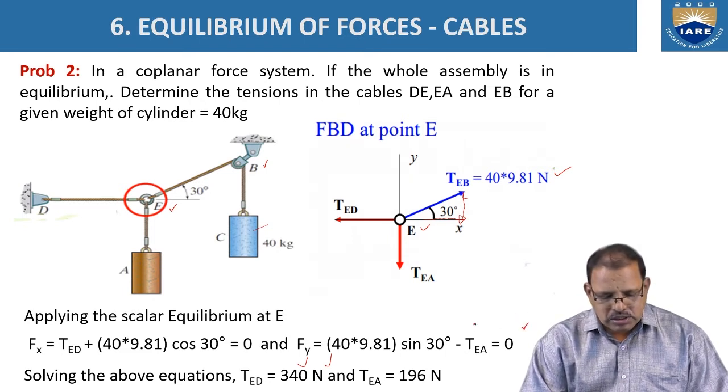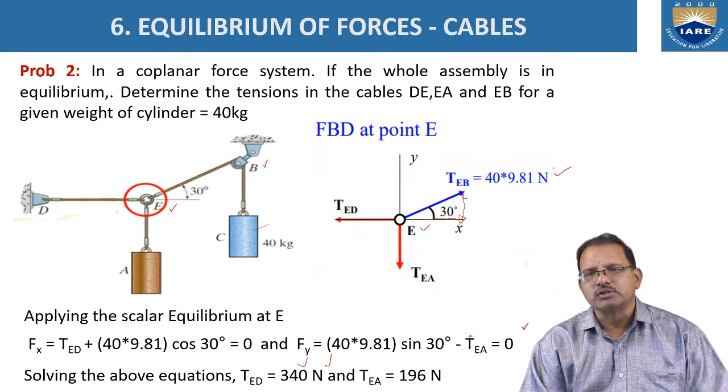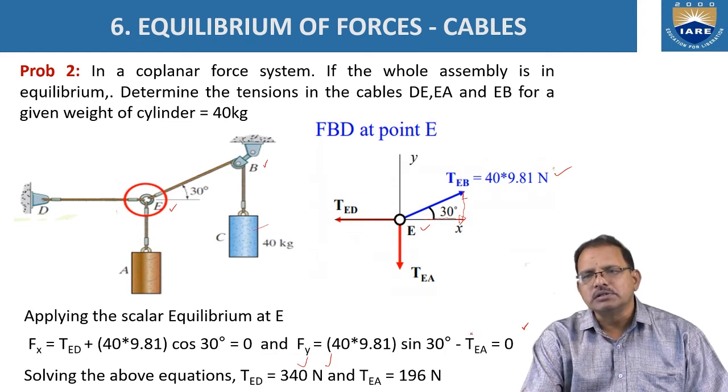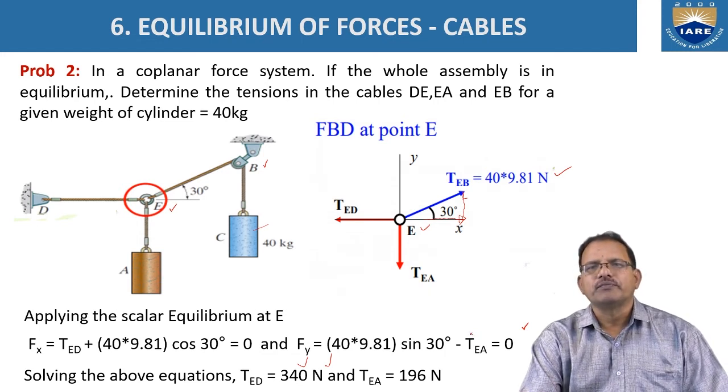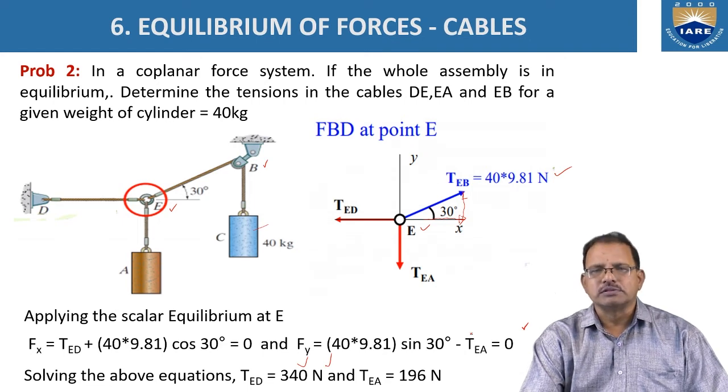By using this relationship, we get T_EA equal to 196 newtons. Since the system is in equilibrium, under these actions we can determine the forces acting within the rope, to avoid failure of the strings through the analysis of forces.